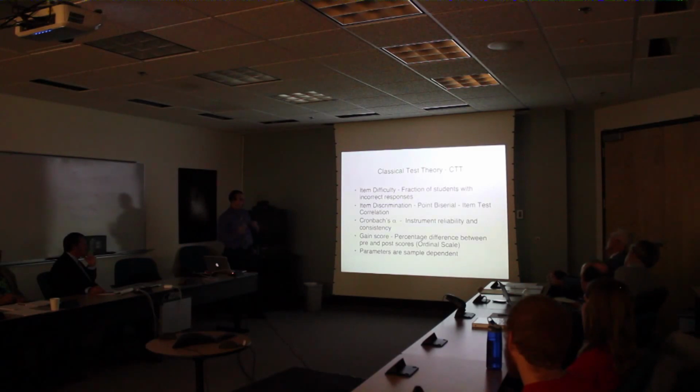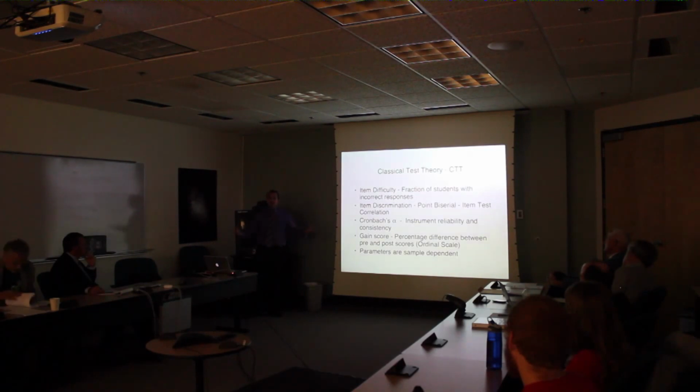And 2 things to note about classical test theory, though, is that the gain score is just ordinal. Just because you answered more questions we don't know how much more you know, other than that you've answered more questions correctly. And if I gave the same LSCI to this group of people versus our undergraduate students, I'm going to get different item parameters.